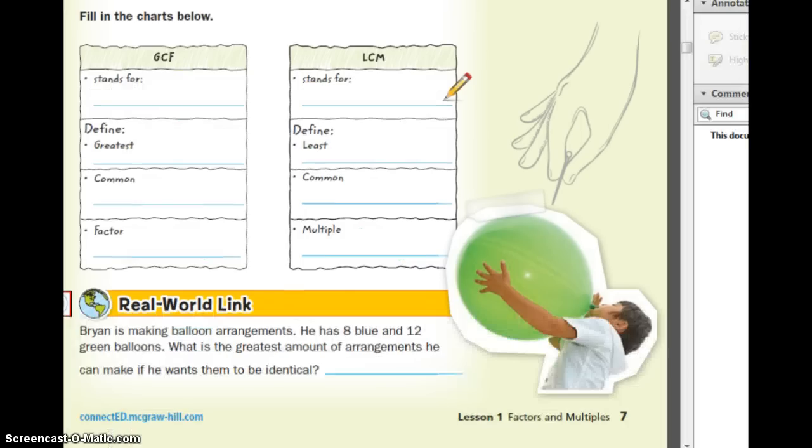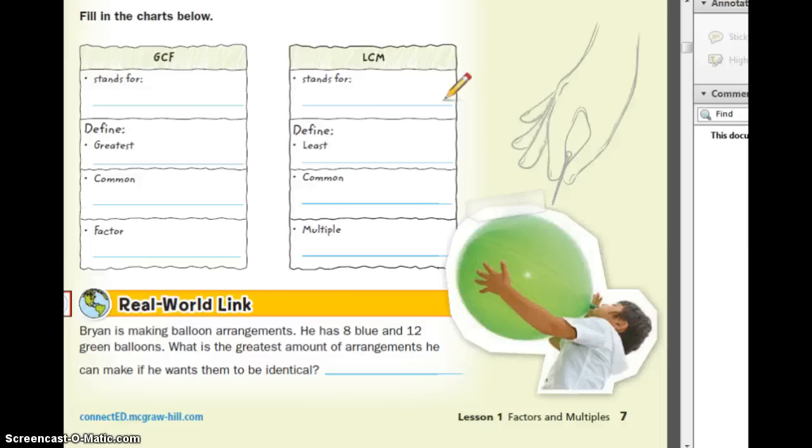Now let's look at the real world link. Brian is making balloon arrangements. He has 8 blue and 12 green balloons. What is the greatest amount of arrangements he can make if he wants them to be identical? Well, we know that 8 isn't the greatest common factor. Why? Because 8 and 12 don't go into each other. So let's think. 2 is, but can we go higher than 2?